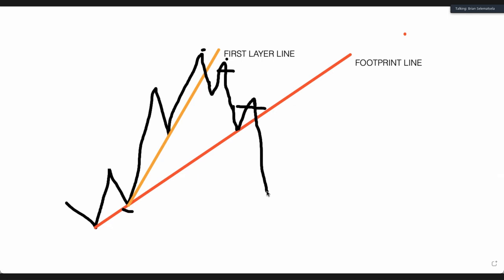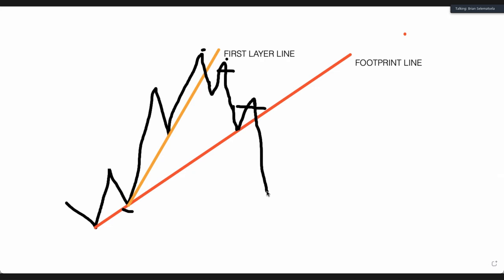Because what we prioritize, as I'm saying to you, okay, the first layer line is the most important line. And each and every time the market breaks that first layer line, it goes into the opposite direction. So now ask yourself, if you are on a trade of a buy and the first layer line is being crossed.